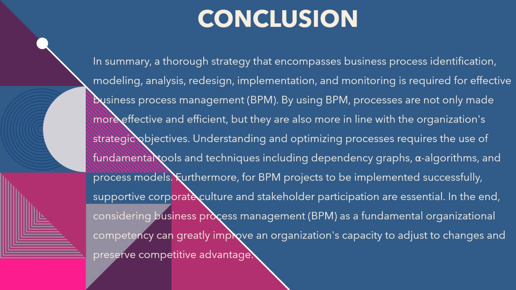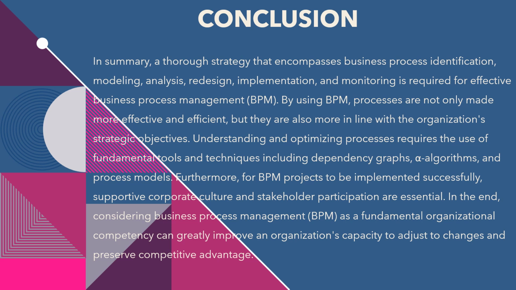In conclusion, effective business process management (BPM) involves a comprehensive strategy that includes identification, modeling, analysis, redesign, implementation, and monitoring of business processes. BPM not only optimizes efficiency and effectiveness, but also aligns processes with the organization's strategic objectives.